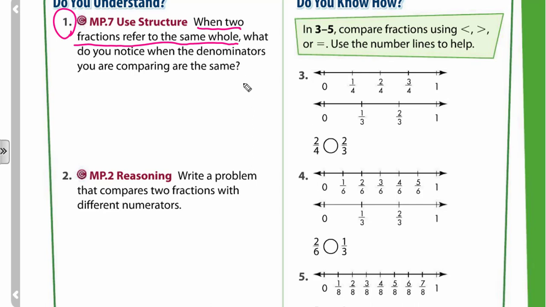This part is very important. Why? Because in all comparing questions we refer to the same whole. We should refer to the same whole all the time. So if we are comparing two fractions, we refer to the same whole. Okay, so what is the question now?